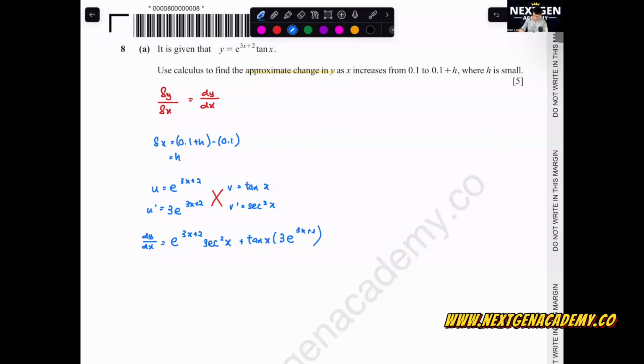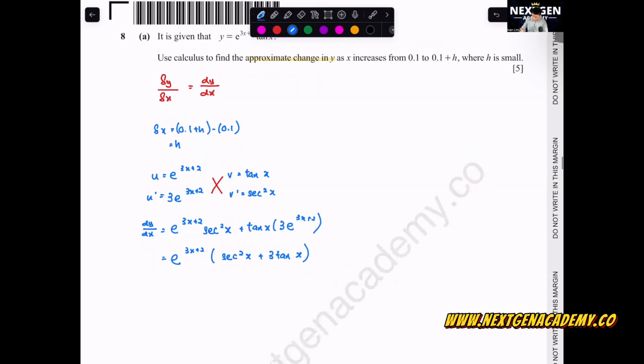Okay, you want to factorize this? Actually, up to you, you don't have to, but you also can. And now we are going to substitute in x equals 0.1. Maybe we factorize this, I think it's easier: 3e to the power of 3x plus 2 times (sec squared x plus tan x). Now at x equals 0.1, be very careful when you sub it in. dy over dx is e to the power of 3 times 0.1 plus 2, times.